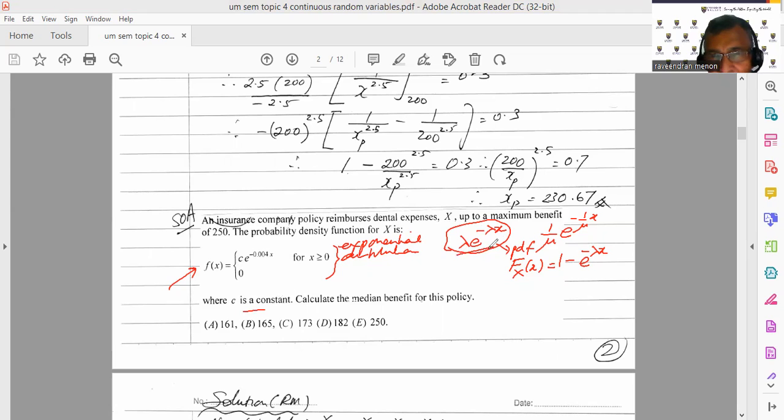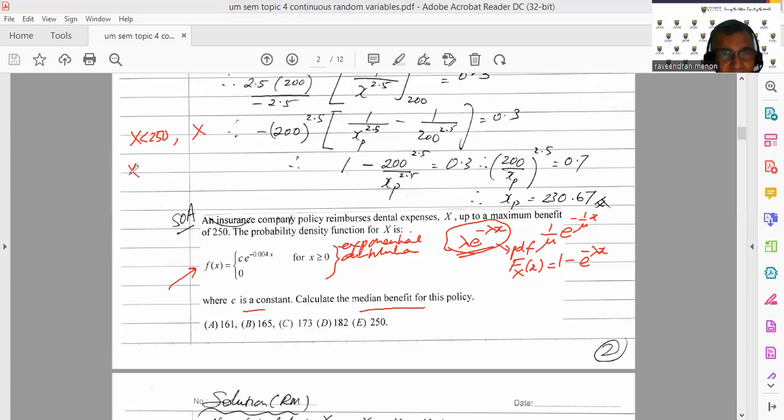So now that we know that, they tell me C is a constant. You can tell, right? Okay, C is a constant. Calculate the median benefit. So just a few things, right? If they reimburse dental expenses up to a maximum benefit, which means if, let's say, X is less than 250, you will get X, okay?